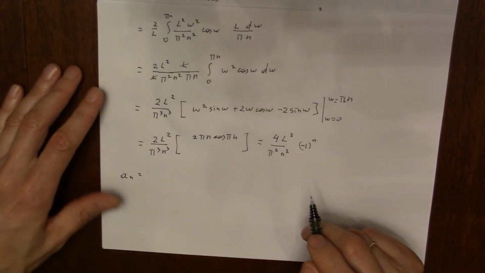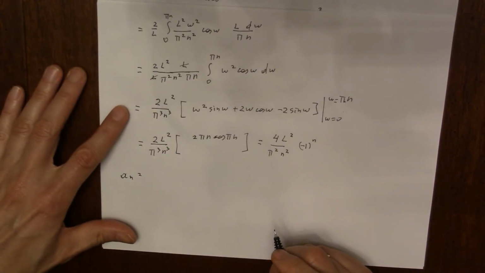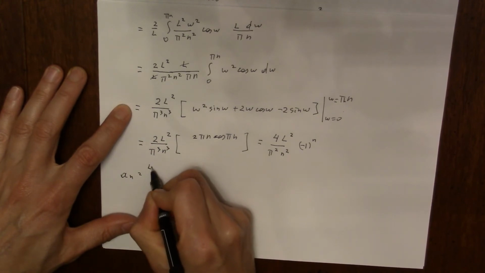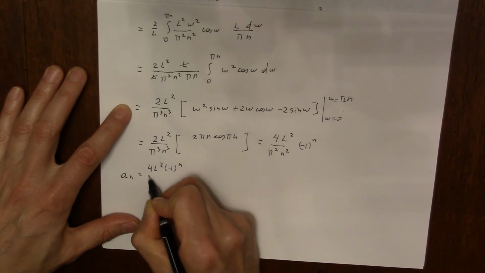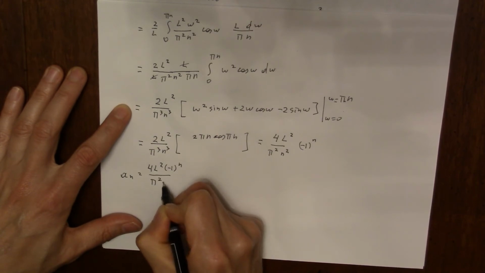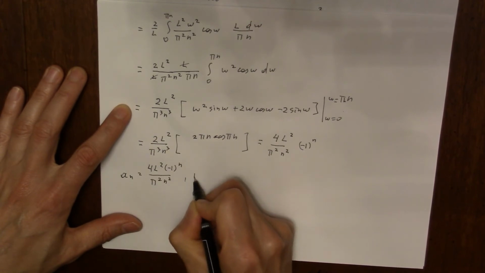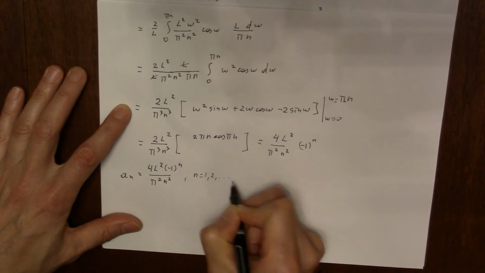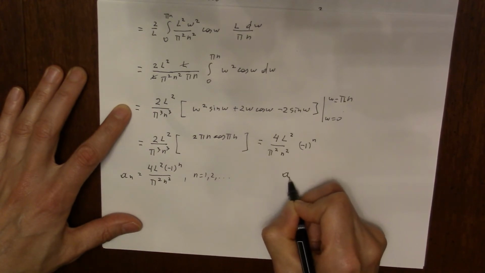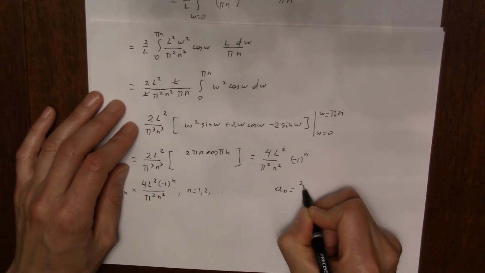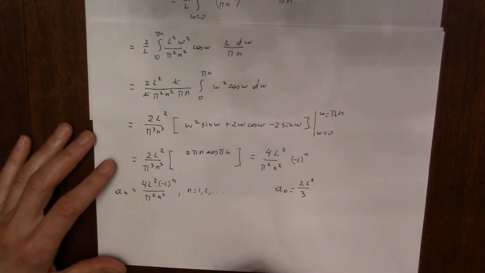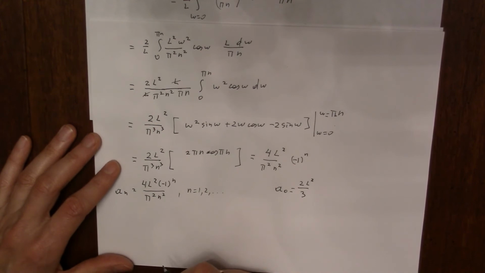So finally, we get the expression for a_n equals 4 L squared times negative 1 to the n over pi squared n squared. That is when n equals 1, 2, and so on. And you recall that a_0 was equal to 2L squared over 3. So we are ready to give our answer to part A.